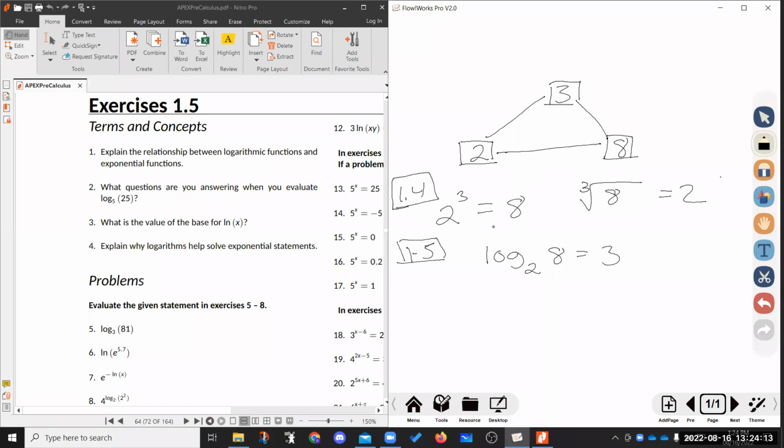They all say the same thing, but look at how each one of them is solving for a different box in the triangle of power. Do you see that? This one solves for the box on the lower right. This one solves for the box in the lower left, and this one solves for the box that's on top. This solves for the power, the logarithm. This one solves for the base.